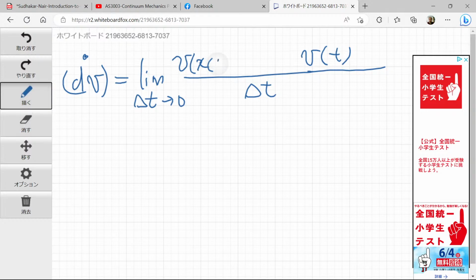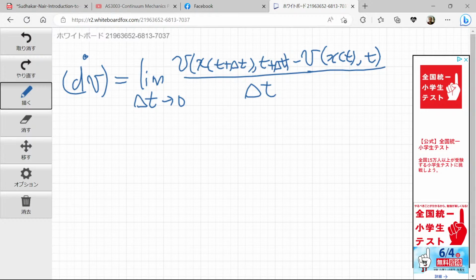So this is x at t plus dt minus the position at time t. I think this is more or less the exact definition of this.